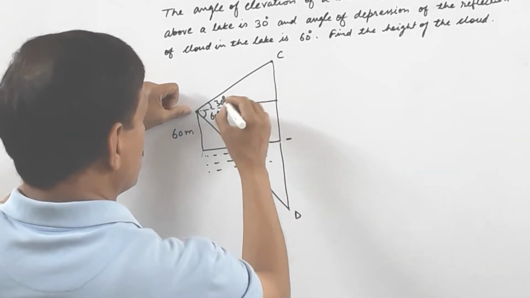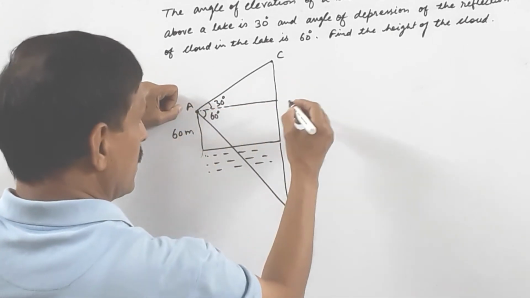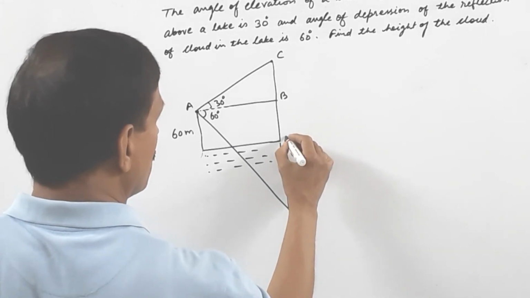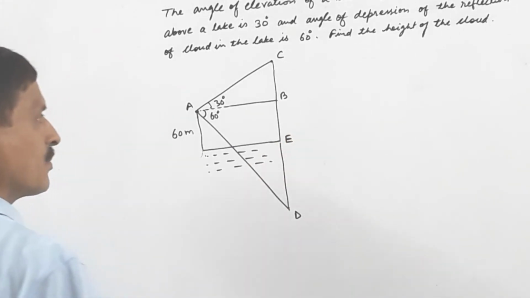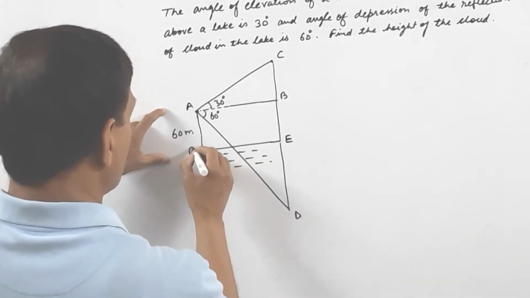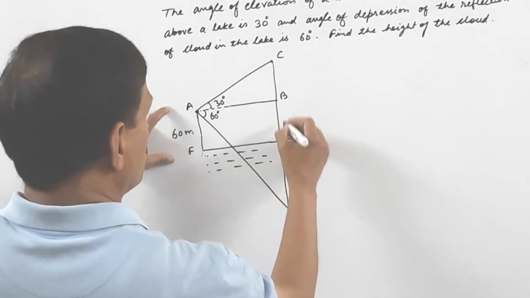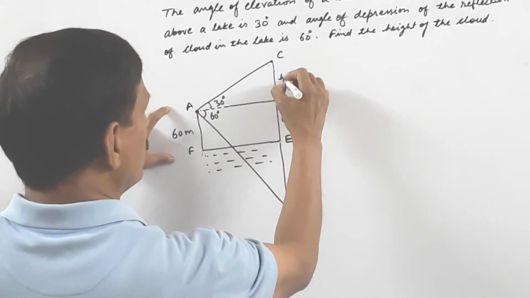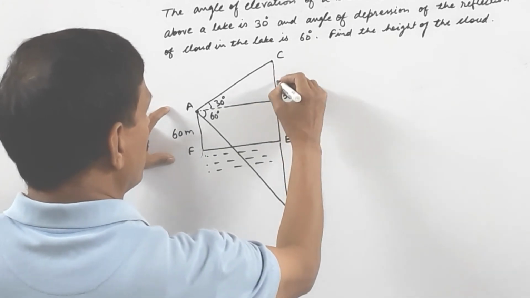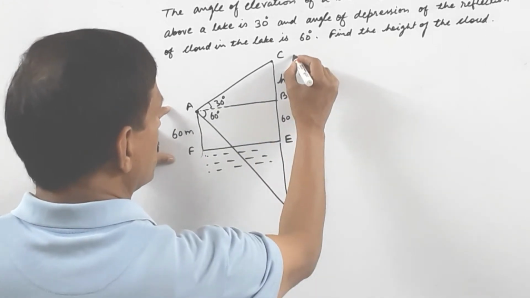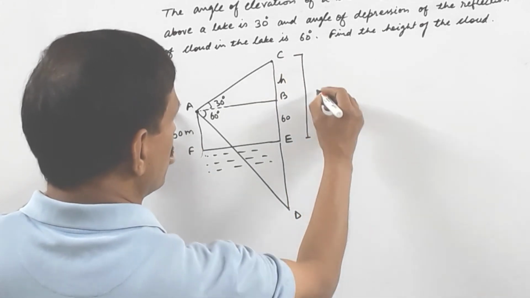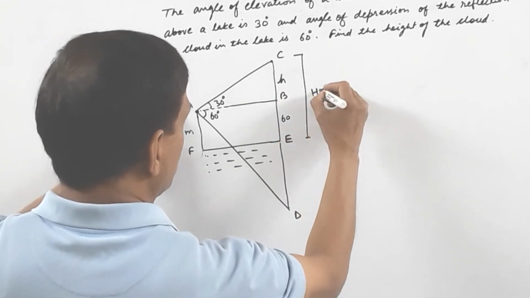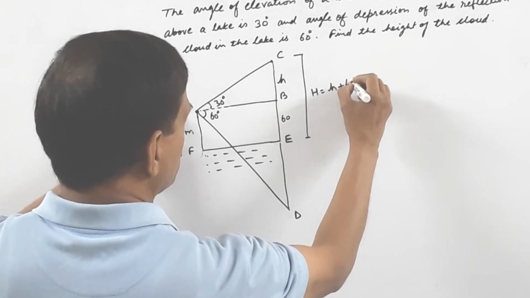We know this B is equal to AF is equal to 60. Let CB be equal to h. Thus CE, the height of the cloud from the lake, is equal to h plus 60.